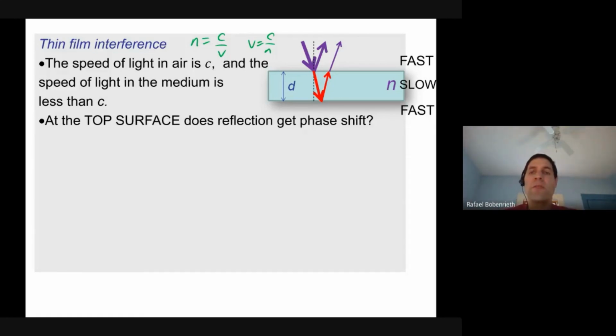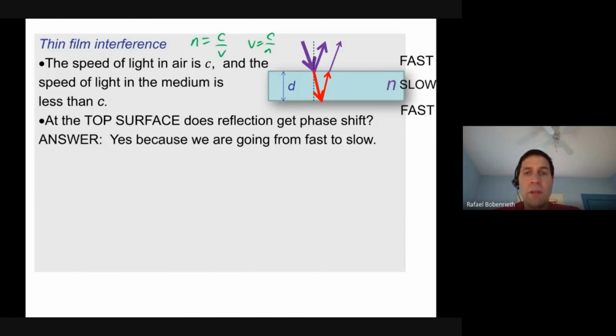So at the top surface, does the reflection get a phase shift? Well, let's see. We're going from fast to slow, and in the rope scenario, yes, we did get a phase shift because we're going from fast to slow. So notice that the incoming phase is phi. The reflected phase is going to be phi plus pi, pi meaning 180 degrees phase shift.